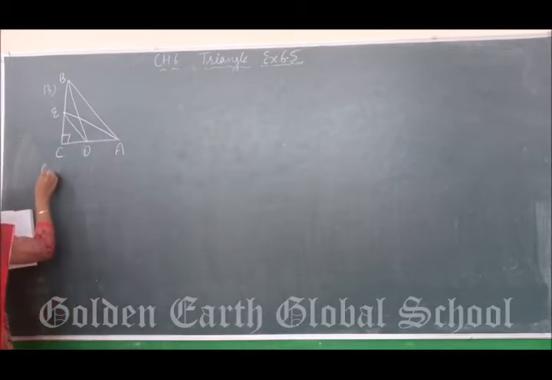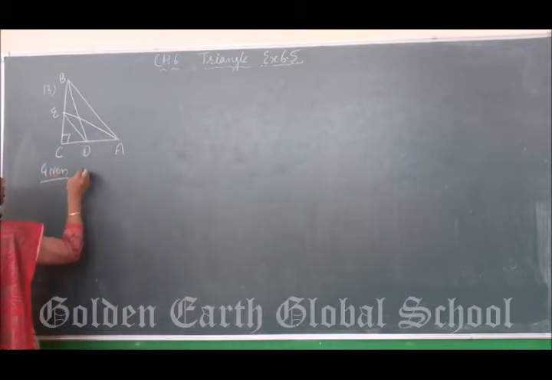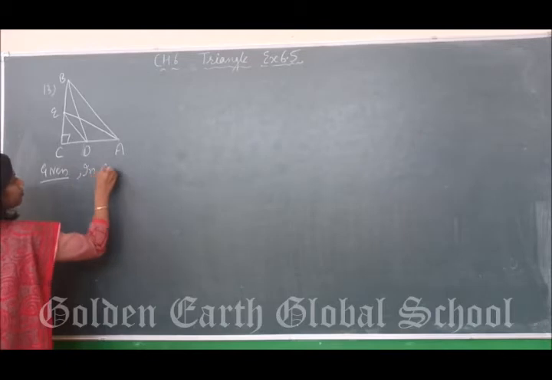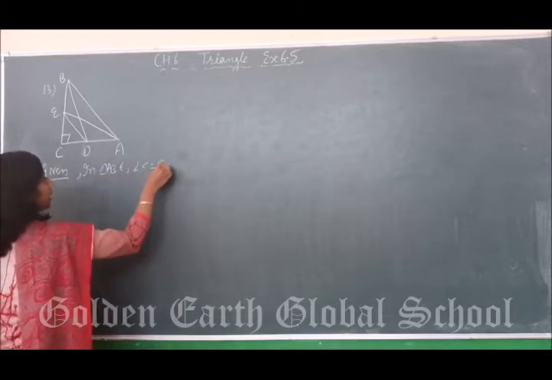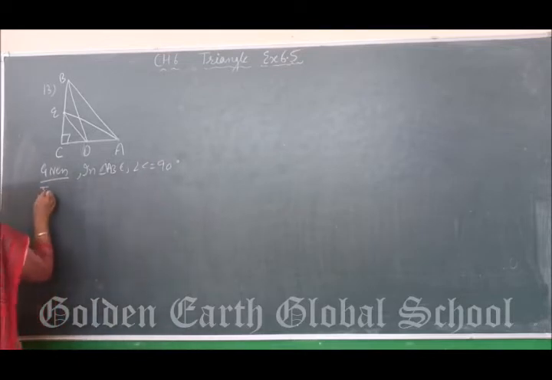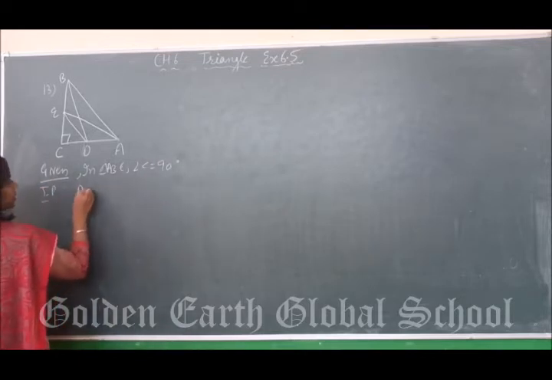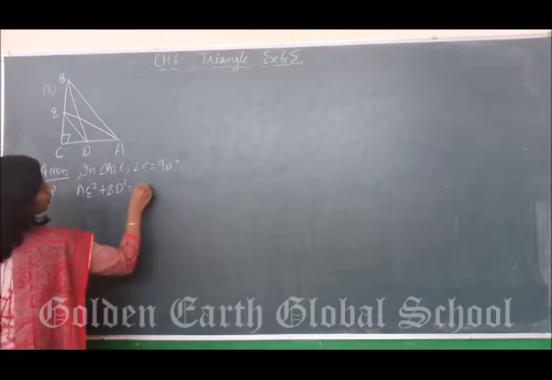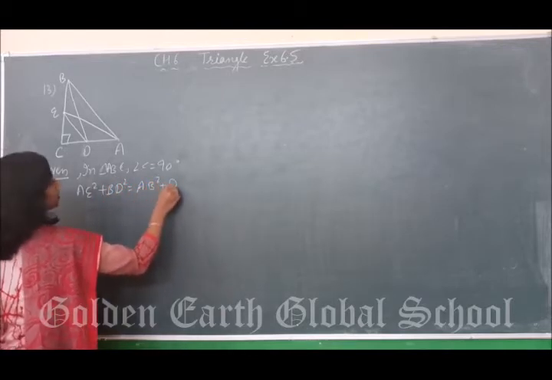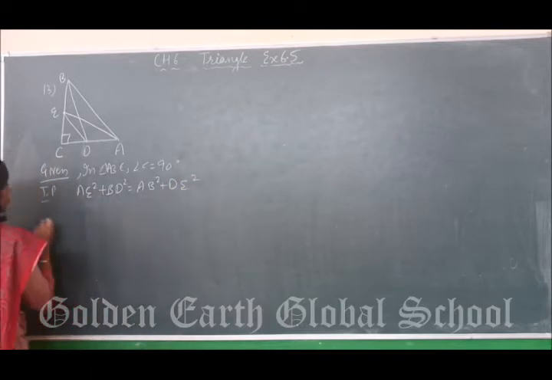Here, first of all, write down given. Given is in triangle ABC, angle C is 90. So to prove is AE square plus BD square is equals to AB square plus DE square. Now start the proof.